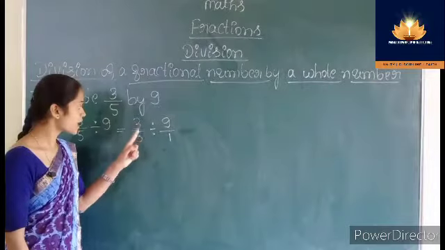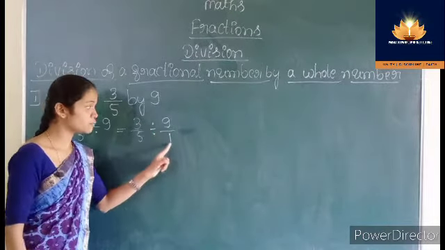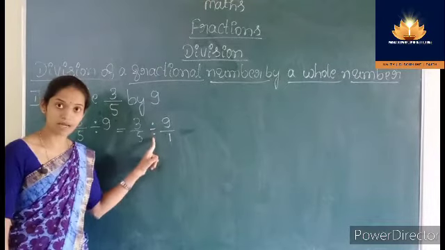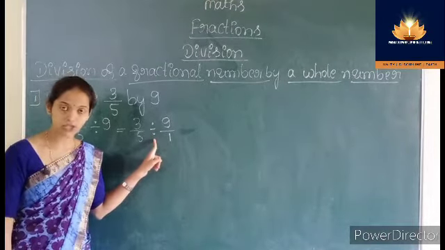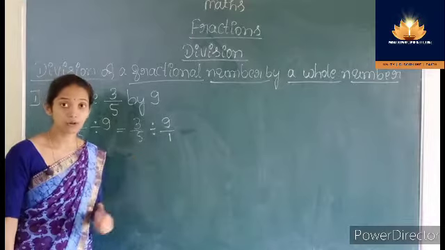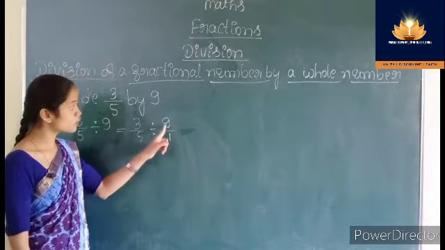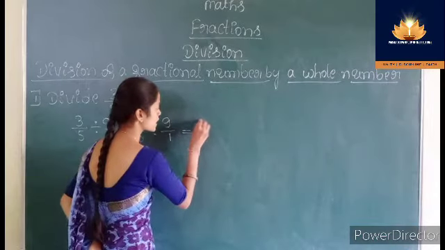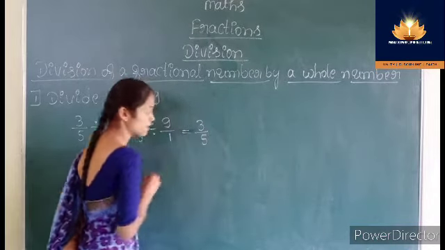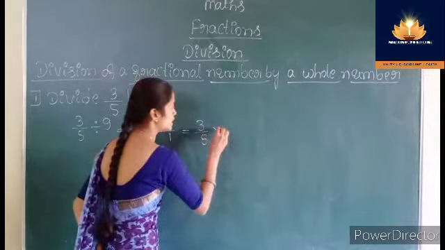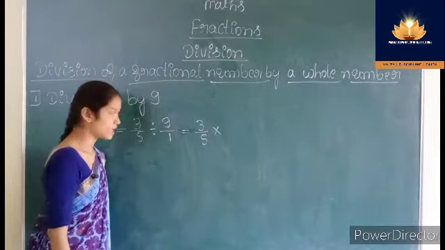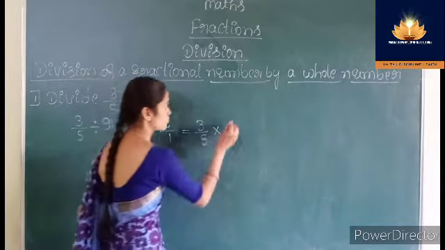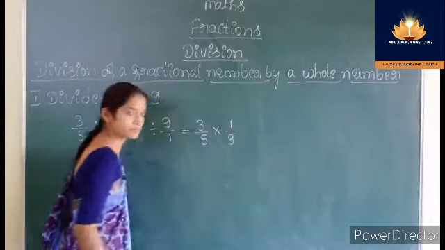To divide, first we have to change the division symbol into a multiplication symbol, and we have to write the reciprocal of 9 upon 1. That is 3 upon 5, then multiplication symbol, then the reciprocal of 9 upon 1, that is 1 upon 9.